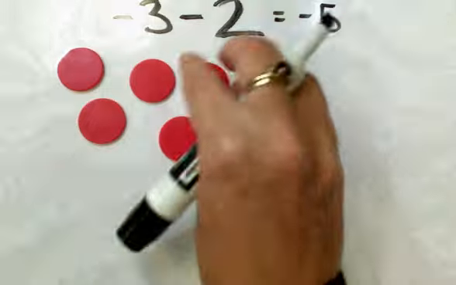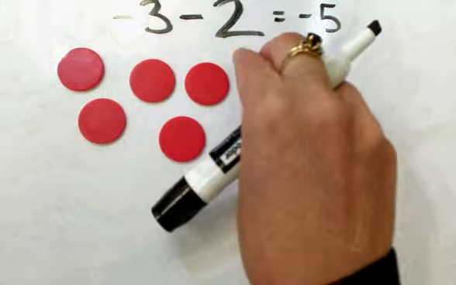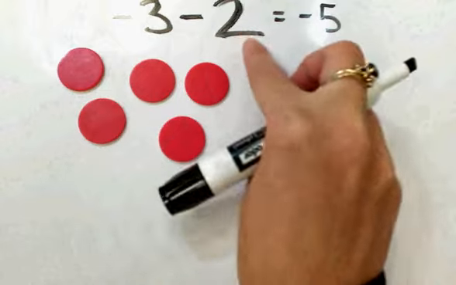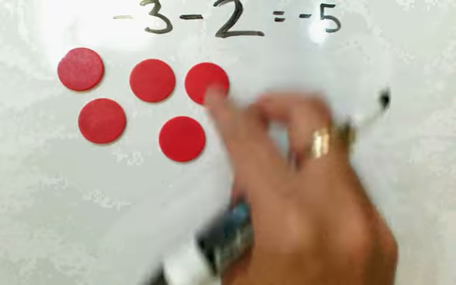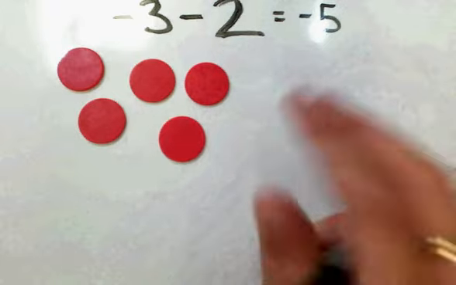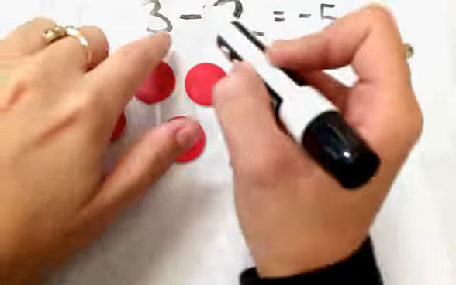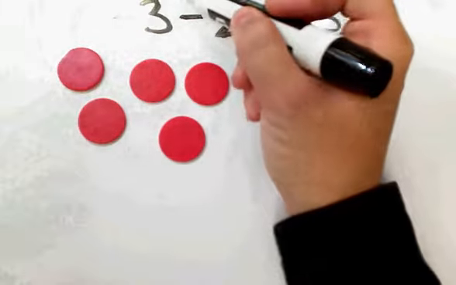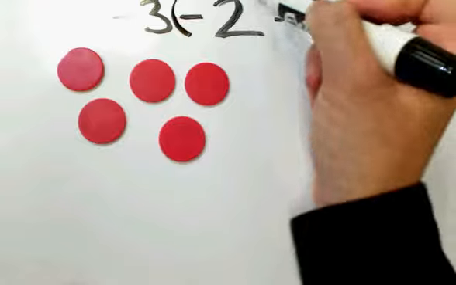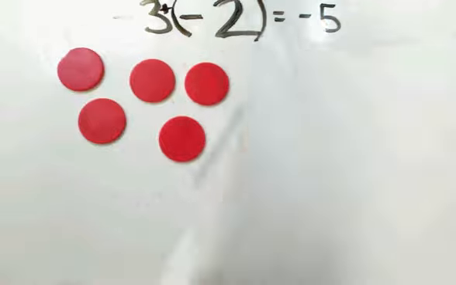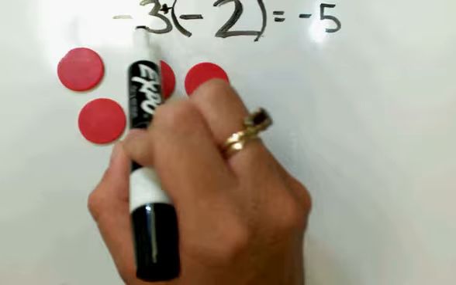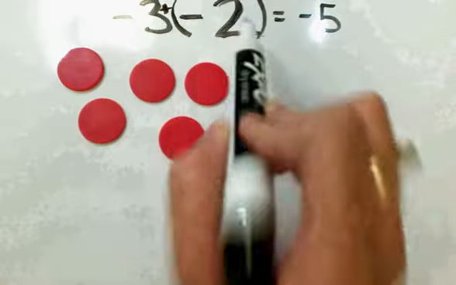Okay, and according to my notes, let's look at transcribing this and how we can figure out what this result would be without having to add zero pairs every time. So remember that I said there is no such thing as subtraction, that this is really a negative sign that belongs to the 2, and I'm combining negative 3 and negative 2.